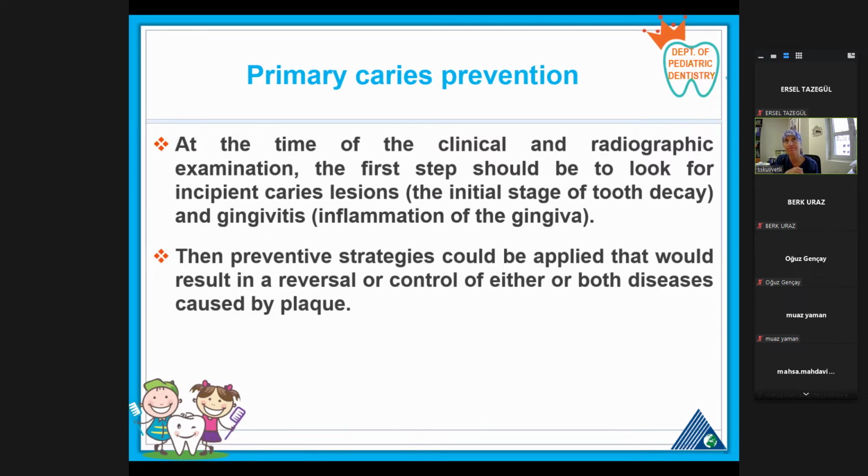Some microorganisms are cariogenic, and if they are more in the plaque, then we see dental caries. And some of them may cause periodontal diseases, and you will see these types of microorganisms in the upcoming courses, of course.